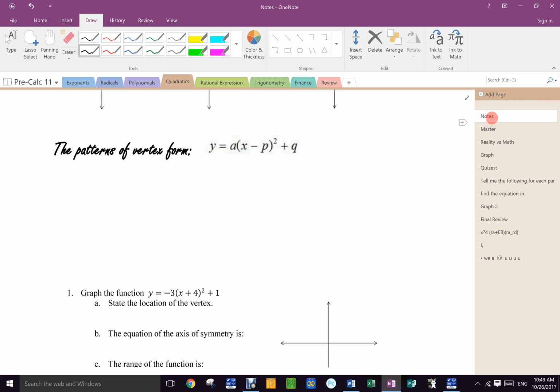So come back to here. Does this look like what we just did right here? Yes, it does, doesn't it? What do you see here? You see y x squared, yes? Everything else moves that around, right?